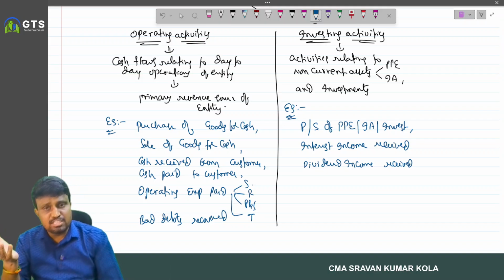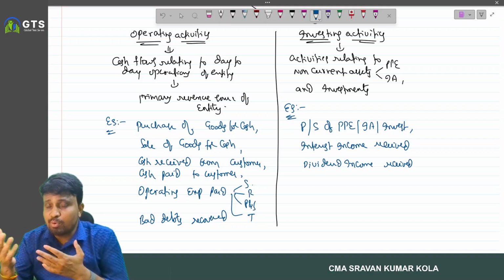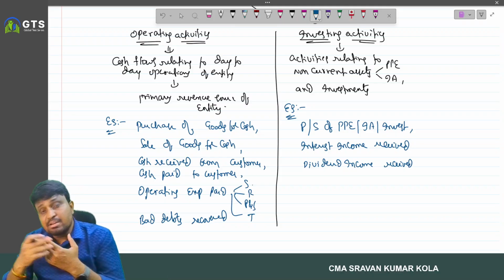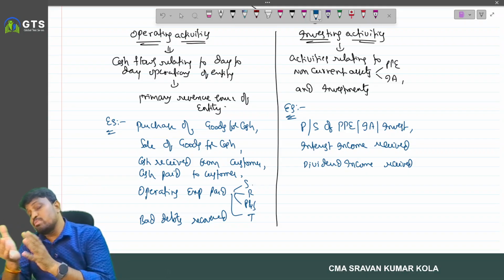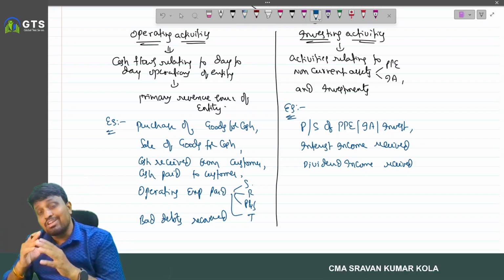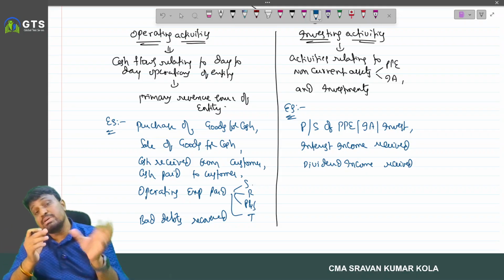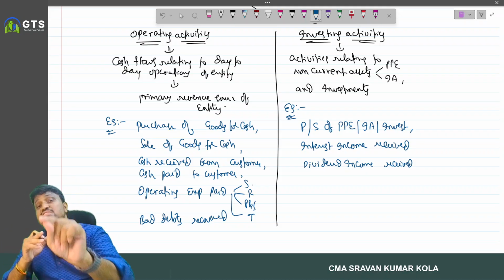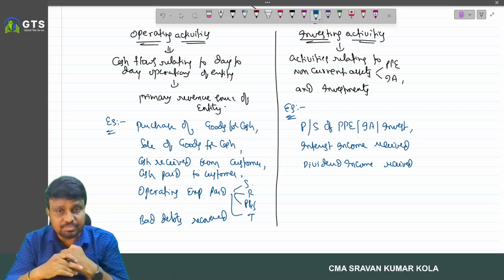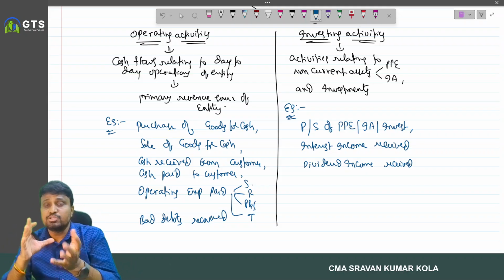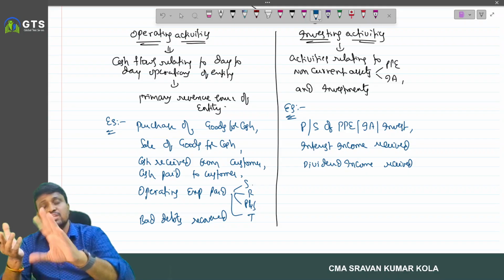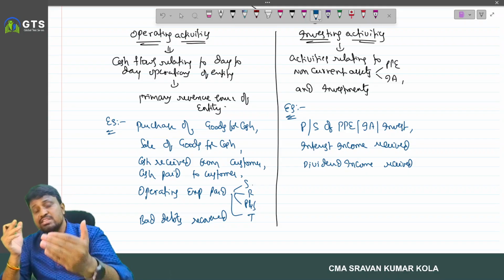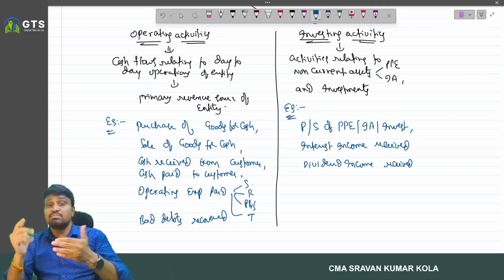So any activities incurred in relation to non-current assets like PPE or intangible assets, like purchase or sale of property, plant and equipment, purchase or sale of intangible assets, investment property, and non-current investment, even purchase and sale of current investment if it is not covered under cash equivalent items, and any income in relation to the corresponding investing activities, like interest income or dividend income received, are all covered under investing activity.